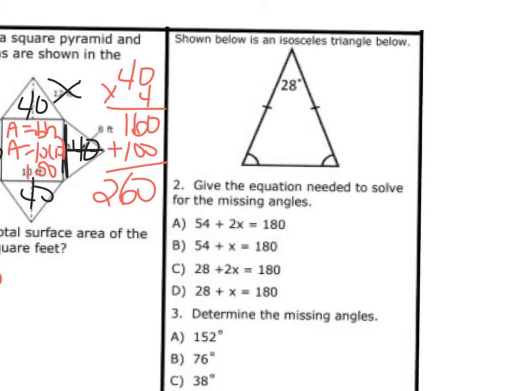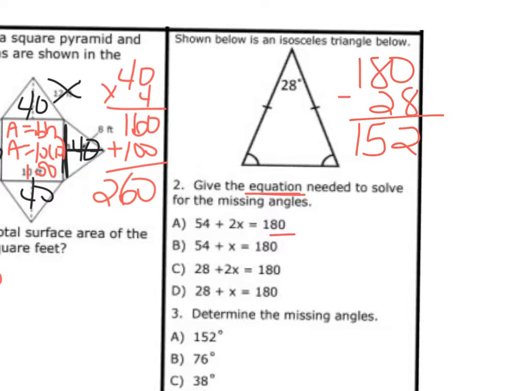Okay, so now if I have 180 degrees, we're going to go ahead and subtract 28 from 180 degrees. So that's going to be 100 and what? 180 minus 28 is going to give us 152.